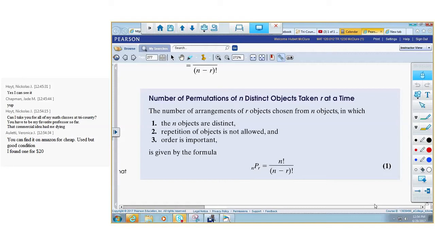Now that is a permutation. Permutation has to deal with order. Make sure you put number 3 down, because that's how you tell the difference in a permutation question and a combination question.